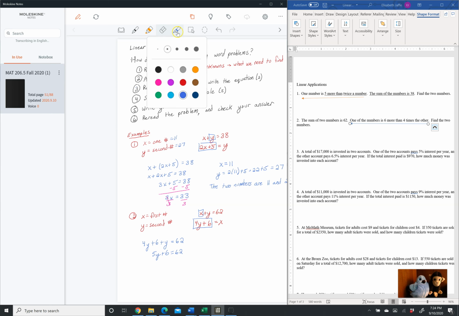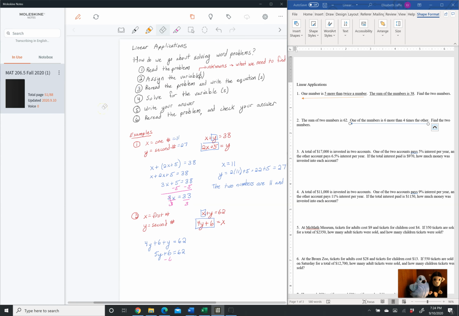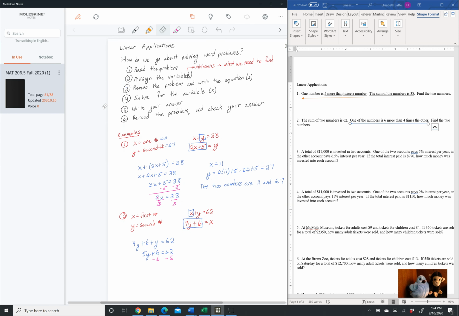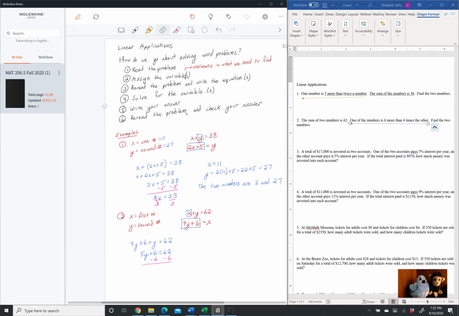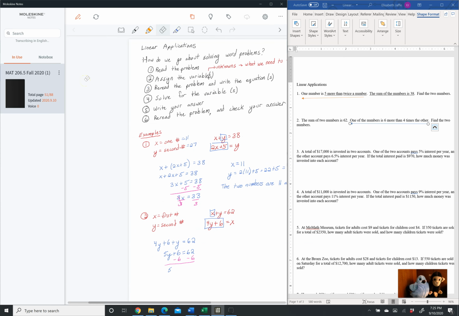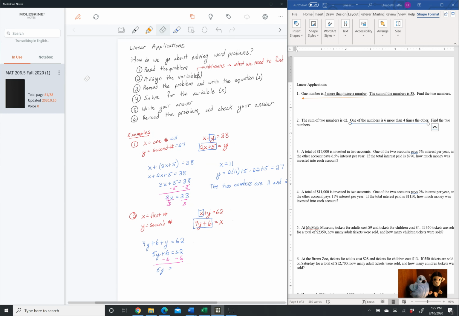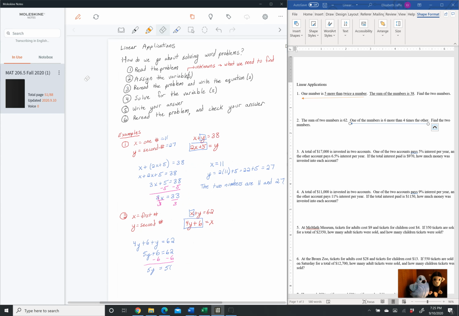Then we subtract 6 from both sides. Okay. So we get 5y is equal to 56.